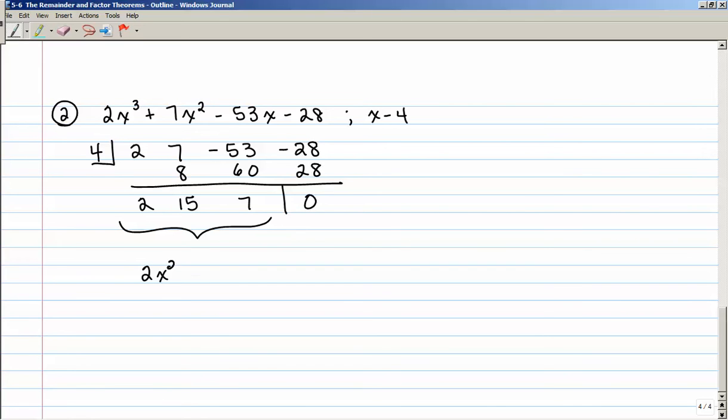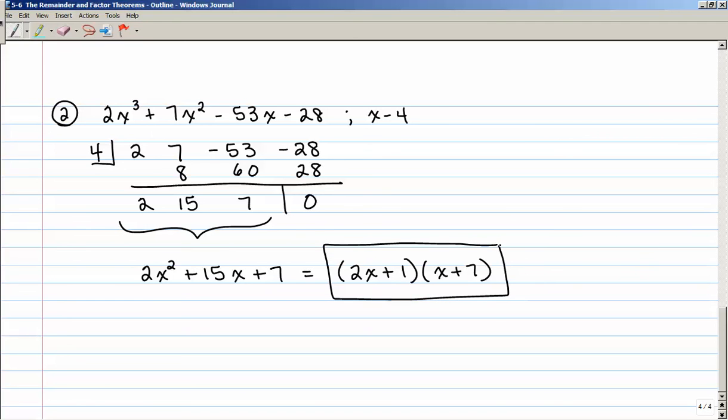So 2x squared plus 15x plus 7, and that will factor into 2x plus 1 and x plus 7. So, given that x minus 4 is one factor of our original polynomial, the other two factors are 2x plus 1 and x plus 7.